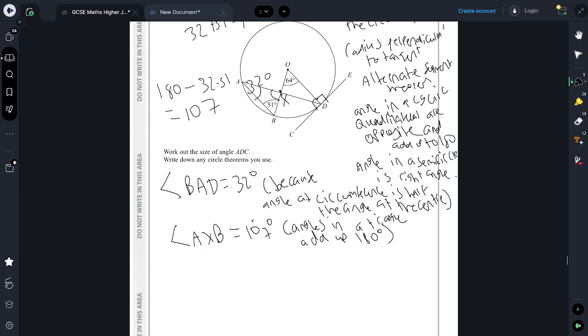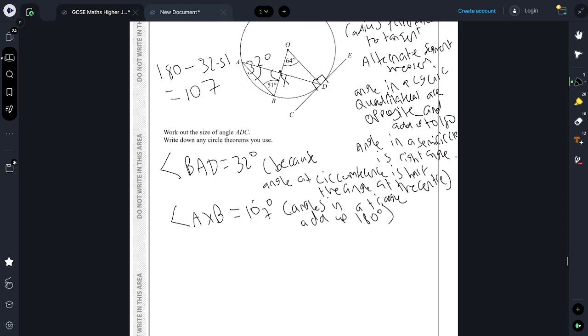But for the purpose of revision, I'll write it down anyway. So that's AXB. X is the intersection point here. Now notice that this is vertically opposite to this angle here.